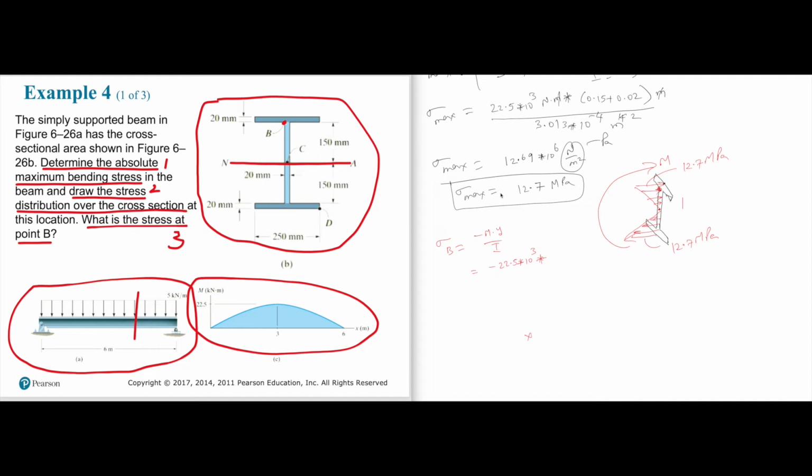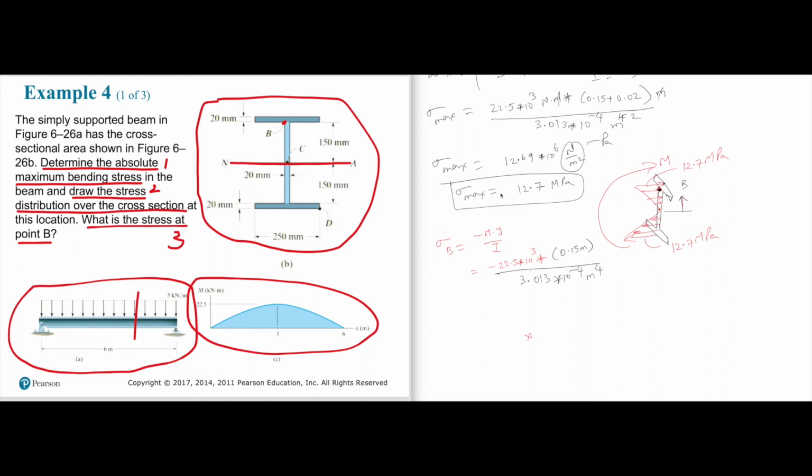So we're going from the neutral axis, we're going up. So I'm going to write positive y, and y will be how much? 0.15 meter over I, which will be the same value we got on the top, 3.013 times 10 to the power minus 4 meter to the power 4.